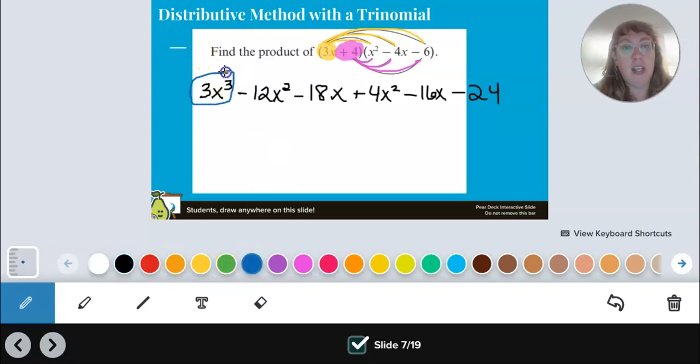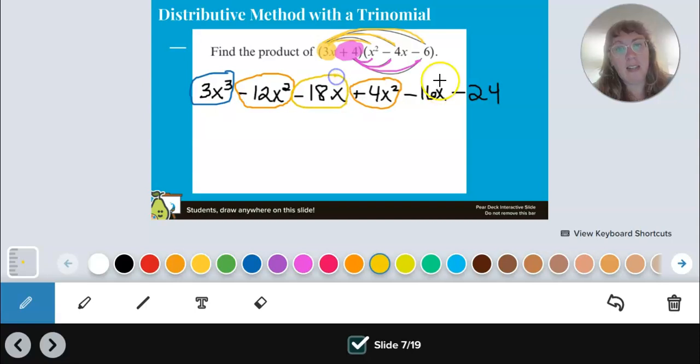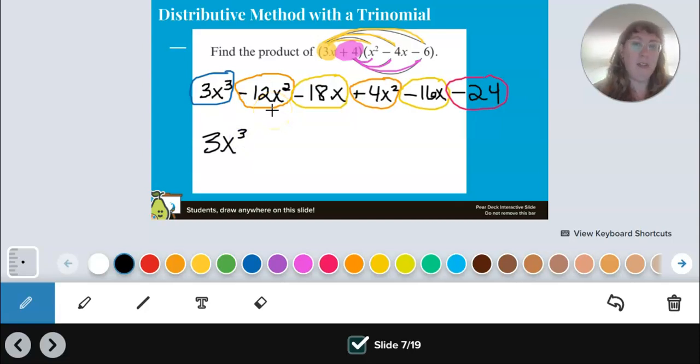So here's an x cubed. There's no other x cubes. Here's an x squared. Here's an x squared. So those can be combined. Here's an x. Here's an x. So those can be combined. And then that's just a constant. So we have 3x cubed. A negative 12x squared plus 4x squared is going to get us a negative 8x squared.